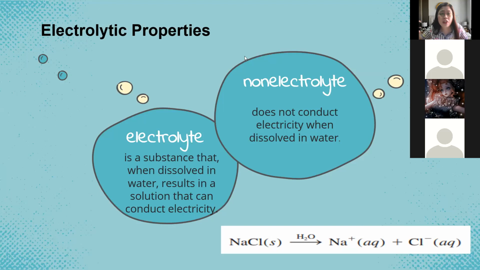It means that, tama din itong sinend ni Jella, they will form ions if you dissolve them in water. We call that ionize. Kapag nilalagay natin sila sa water, magpo-form sila ng ions. And remember, when you say ions, these are atoms with charges. So meron silang charges. And that is the reason why they conduct electricity. And then we have here the non-electrolytes.